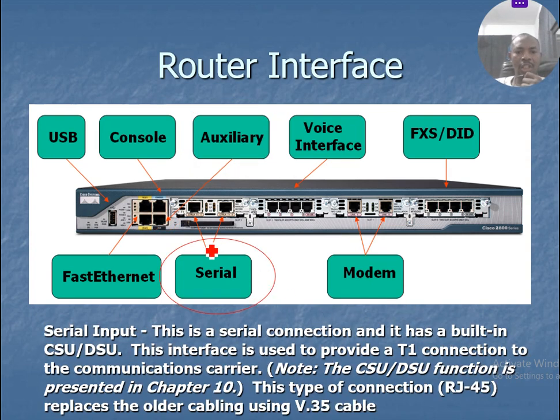Then the next one you see here is called the serial input. There are two, this and this. Now the serial input is a serial connection, and it has a built-in CSU/DSU, channel service unit or data service unit. So what's the main function of this serial input? The interface is used to provide a tier 1 communication to the communication carrier.